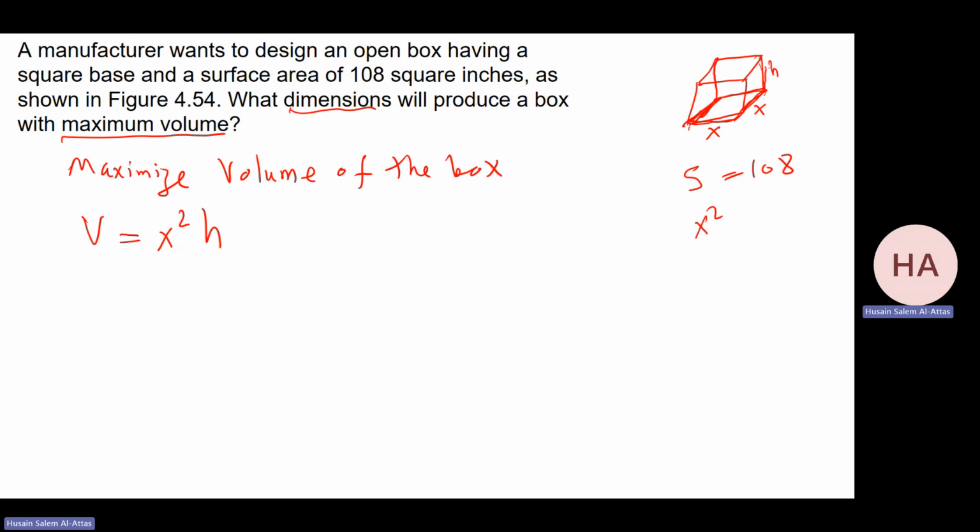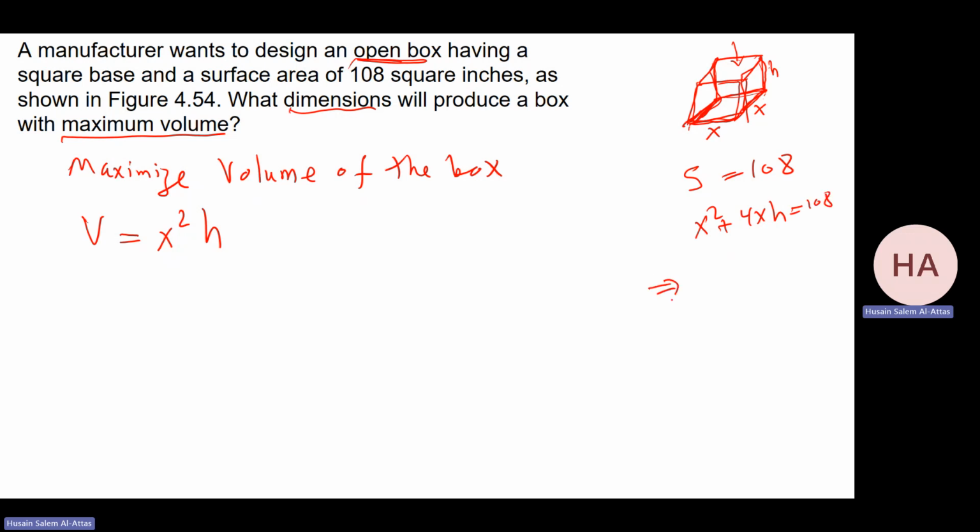Then I have 4 of these, which is xh: one here, one there, one there. So I have 4 of it, since it's an open box. They said the open box. So this is my surface area, and that should be equal to 108.